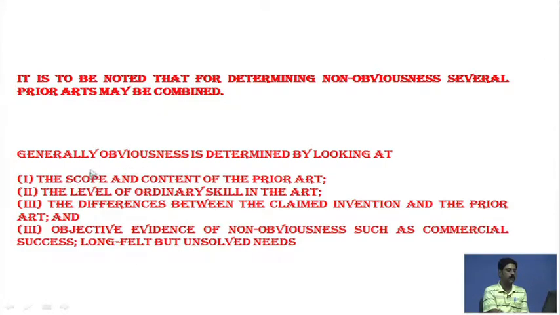So, how to consider this? Generally, obviousness is determined by looking at the scope and content of the prior art, the level of ordinary skill in that art, the differences between the claimed invention and the prior art, and objective evidence of non-obviousness such as commercial success and long felt but unsolved needs.